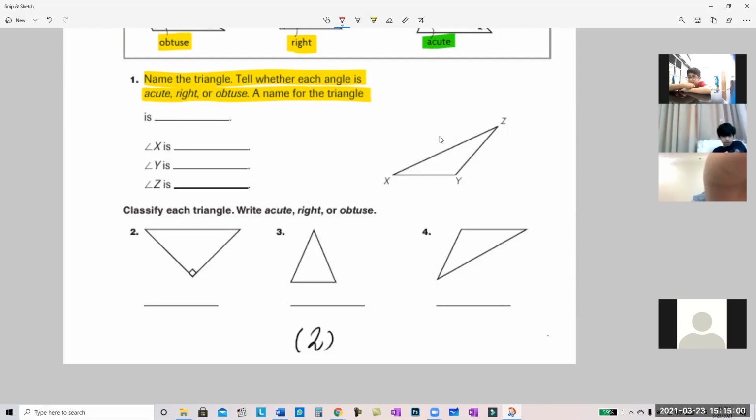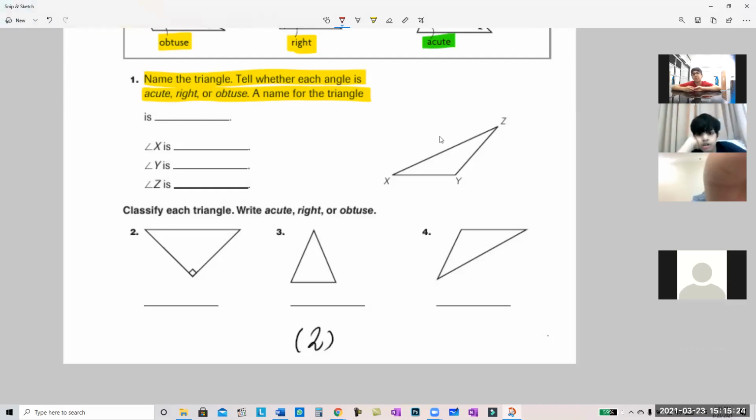Yes. So I'm asking for the name of the triangle, not the type. The name of the triangle, you have to mention the 3 letters of it. If I ask about the kind or the type of the triangle, you will tell me acute or obtuse or right, okay?